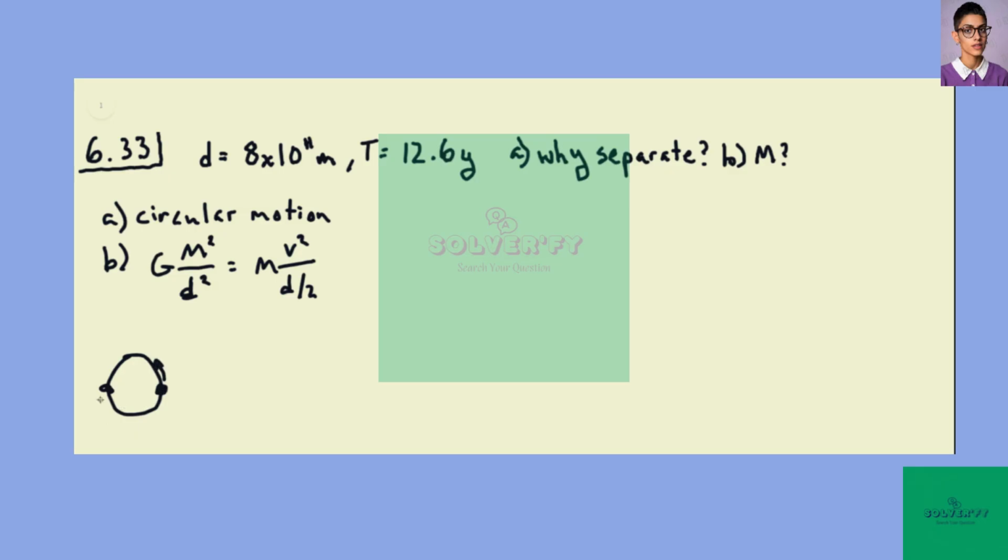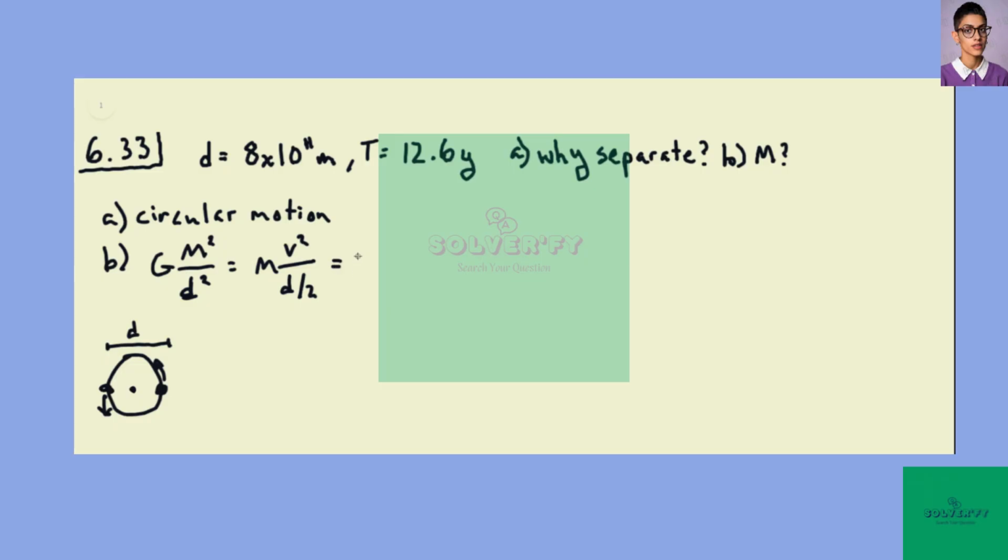So they're moving like this, they're both moving around this point, and this distance is d. Now we also know that v is going to be pi times the diameter divided by the period.